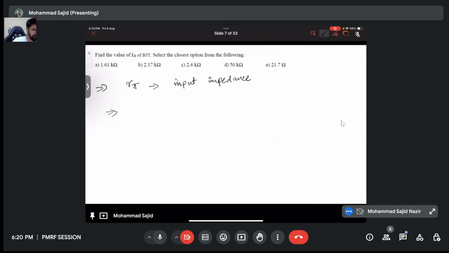That means R pi can be calculated as V in by I in, right? Just remember these formulas. Input current is your IB.